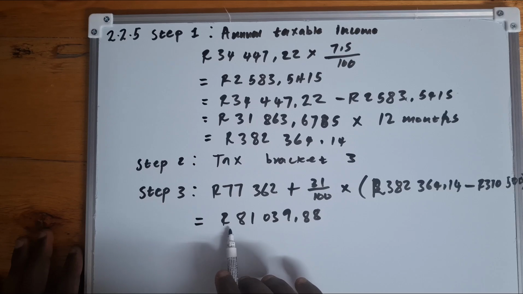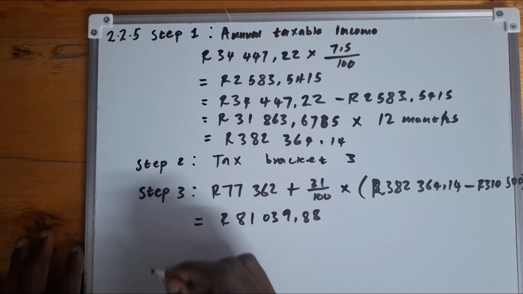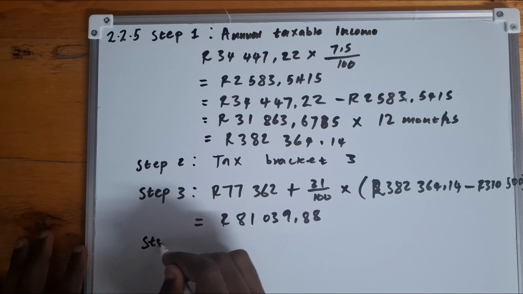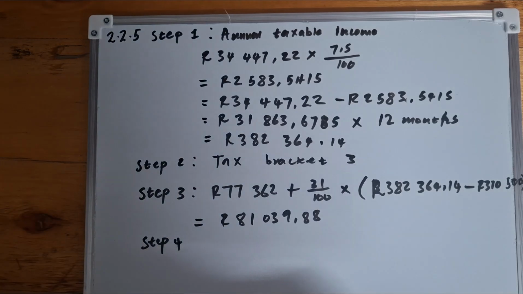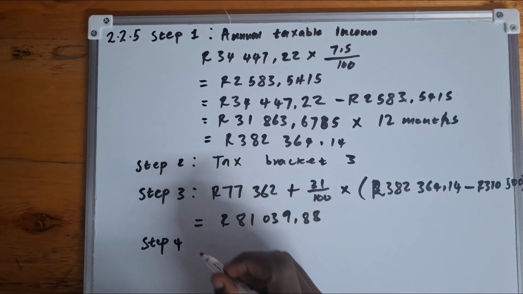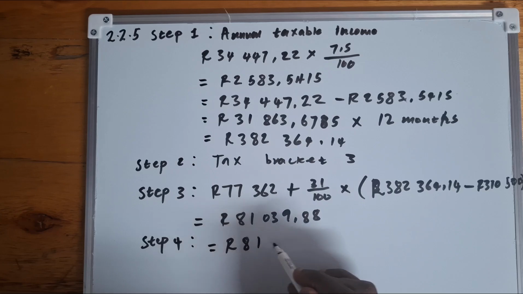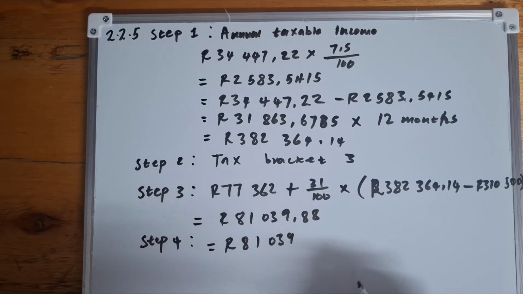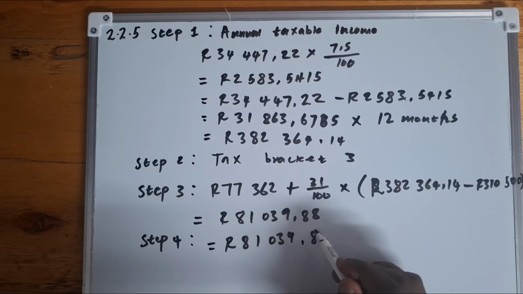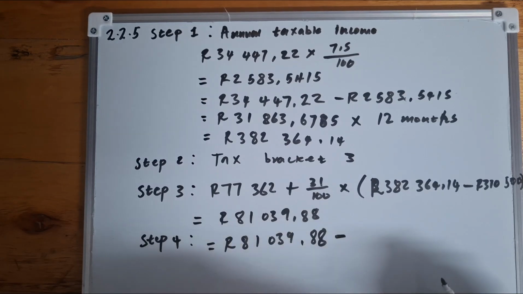So for my tax payable, since I found my tax payable, I can now move to step 4 to minus the tax rebates as well as the medical aid credits. Alright, so I'm just going to say 81,039.88, we are going to minus the tax rebates.